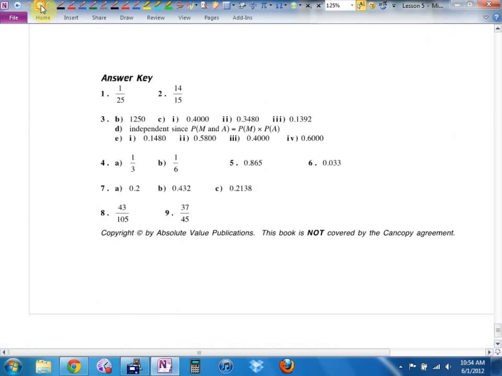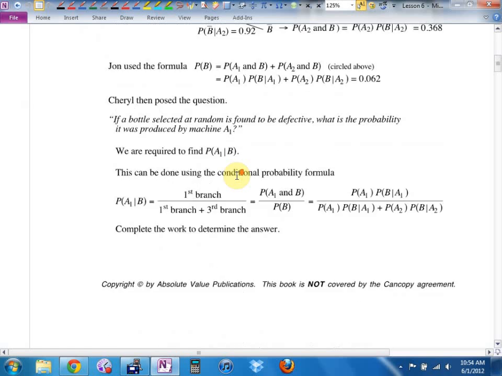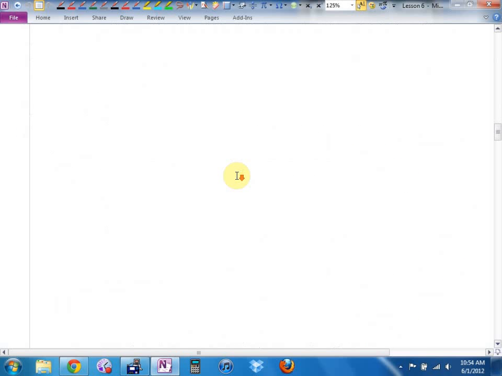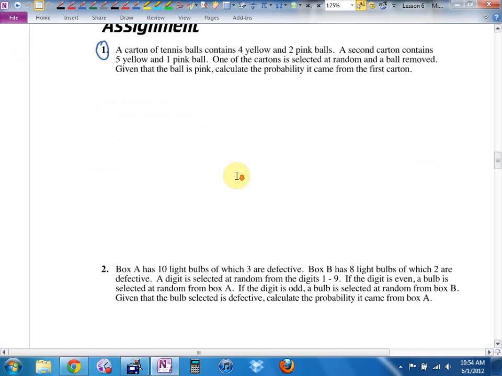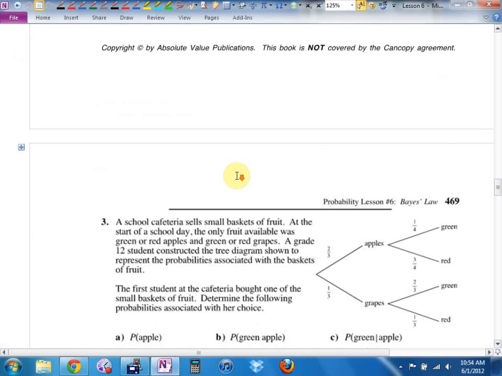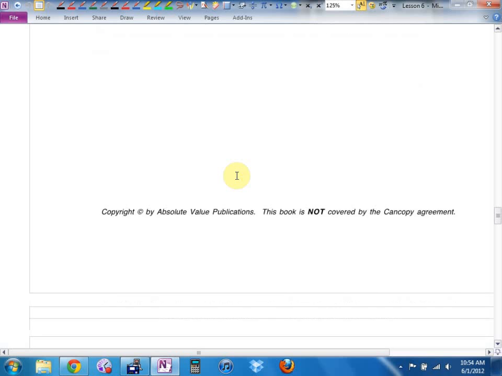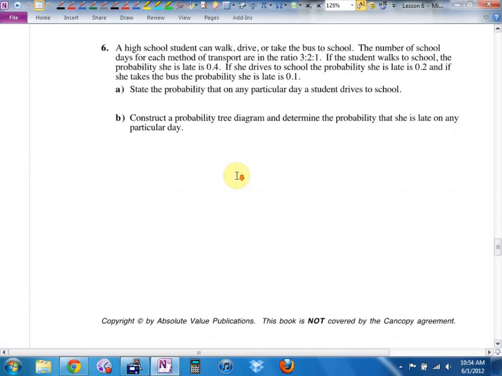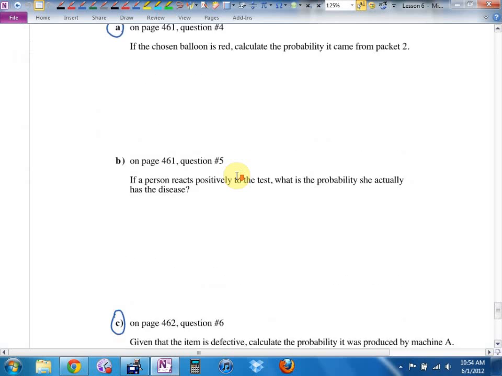And then from lesson 6, page 468, number 1, 4, 5, and 8A and C.